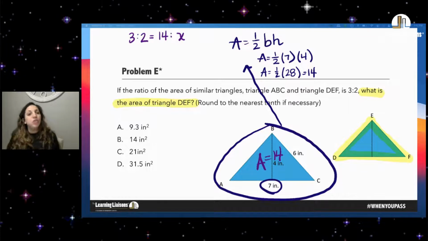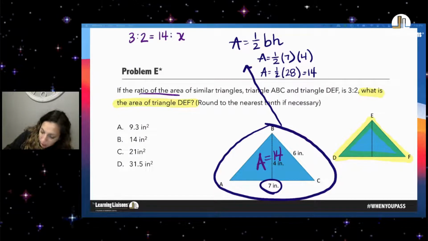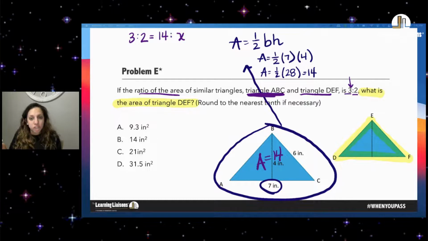Why did I do 14 first? Because they told us the ratio of the area of triangle ABC and DEF is 3:2. Because they listed ABC first, that means that this is triangle ABC's part of the ratio, and this is the part of the ratio that belongs to triangle DEF.